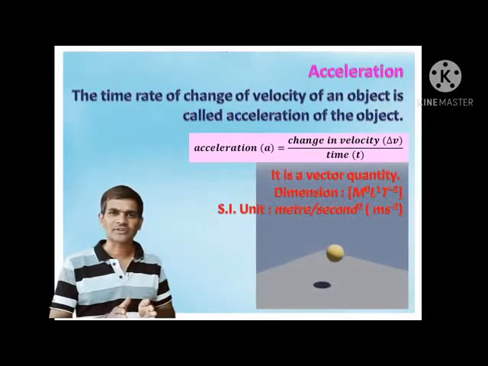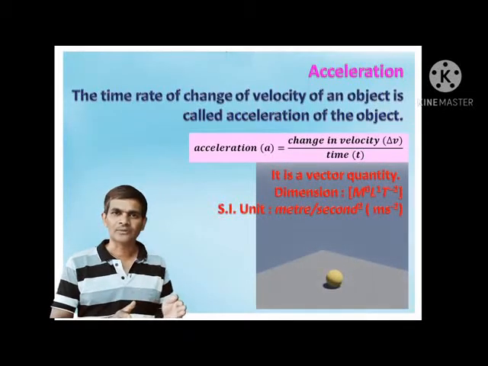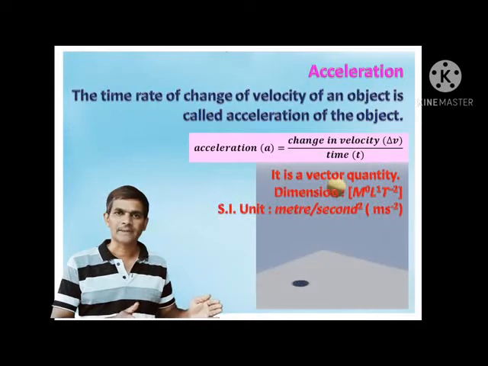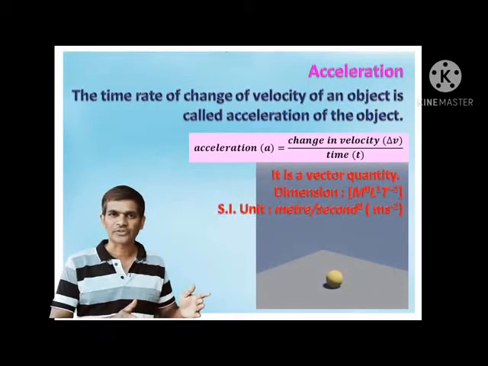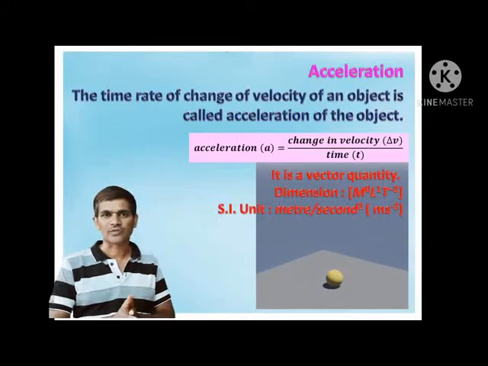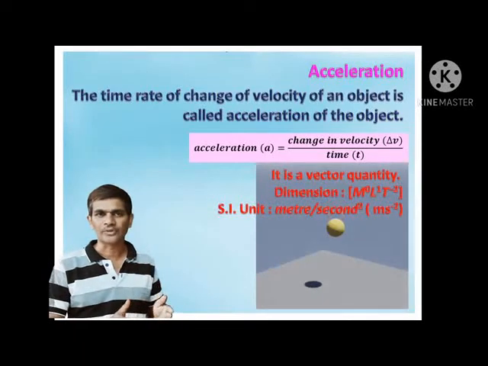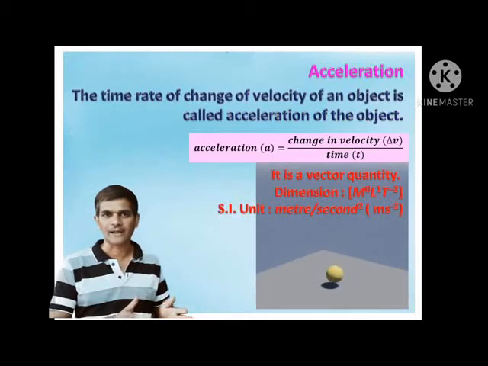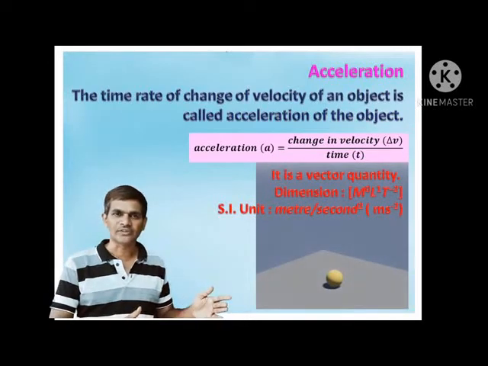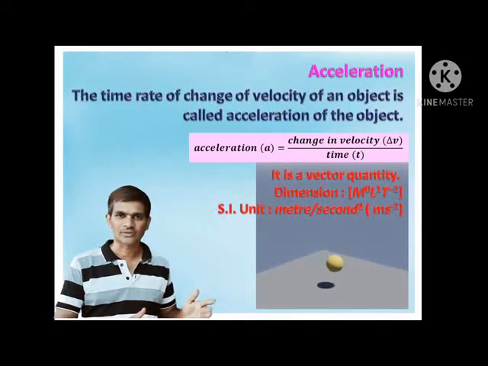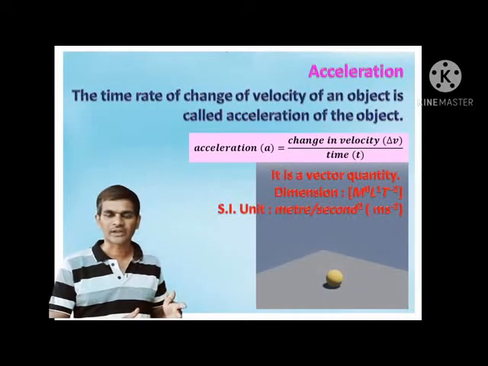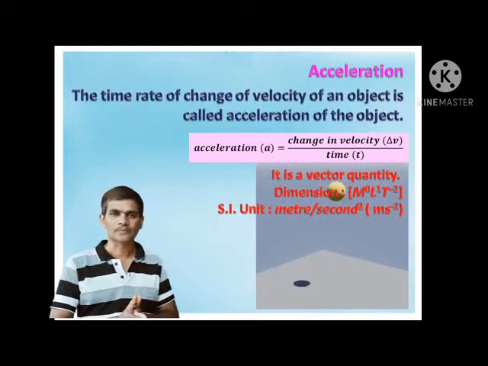Its dimensions are M^0 L^1 T^-2, because this is the dimension of velocity divided by the dimension of time. The SI unit is meter per second square, or meter second to the power minus 2.